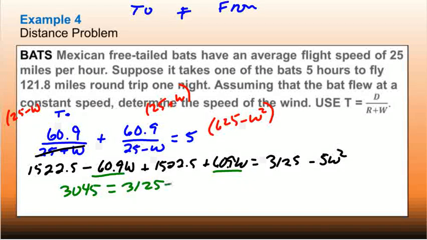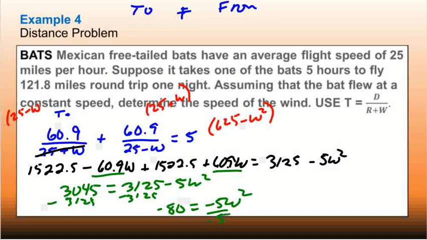equals 3125 minus 5w squared. If I now subtract 3125 from both sides, I now have negative 80 equals negative 5w squared.